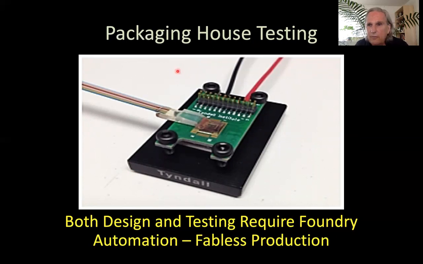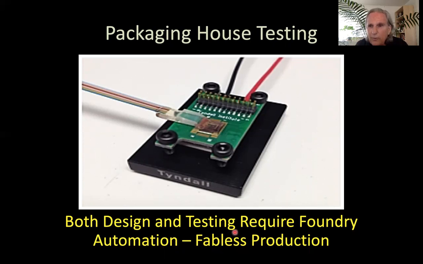And I guess the bottom line of all this is design and testing now require foundry automation. Silicon photonics is what we call fabless production. We used to, when we'd make integrated optics or we'd make fiber optic experiments or something else, work in our lab, make things, and put together measurement jigs.